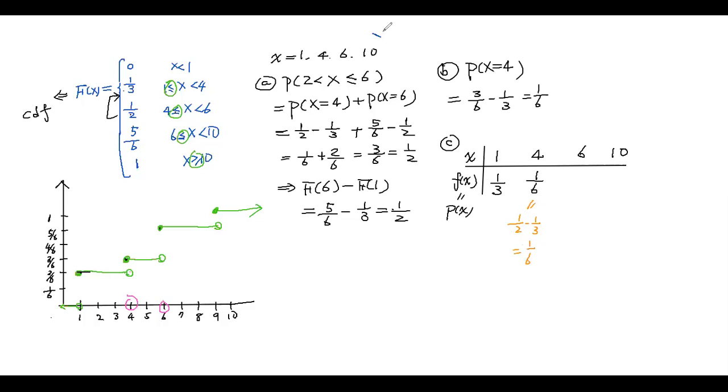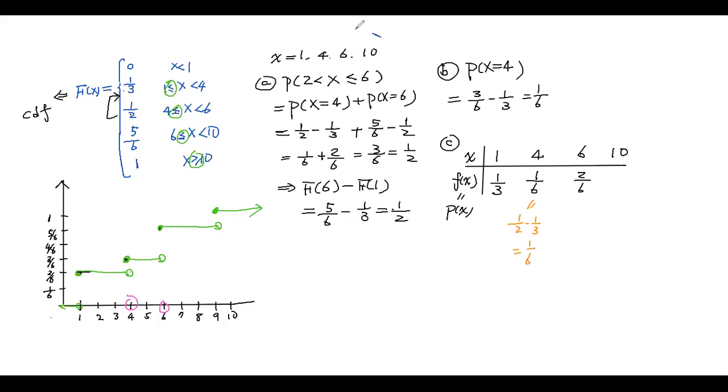Okay, let's take a look at the 6, right? Then the 6 here is f of 6 minus f of 4. So what is here? The 6 here is 5/6 minus 1/2, right? 5/6 minus 1/2. So this is 2/6. All right.